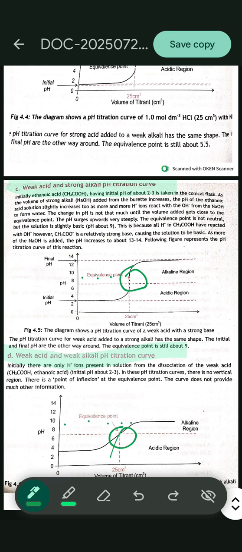So this is basically the titration of the weak acid with the weak alkali.